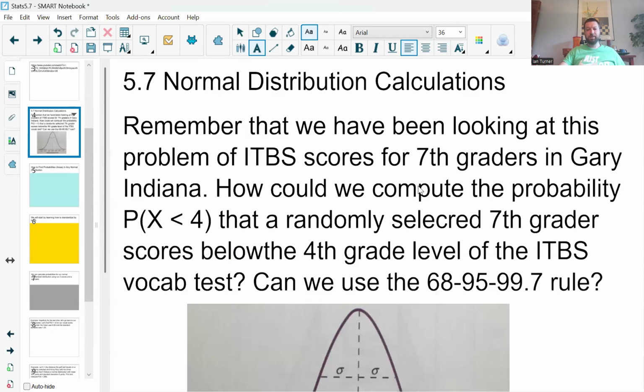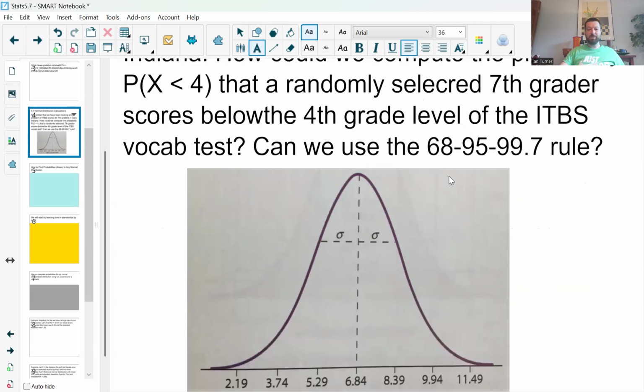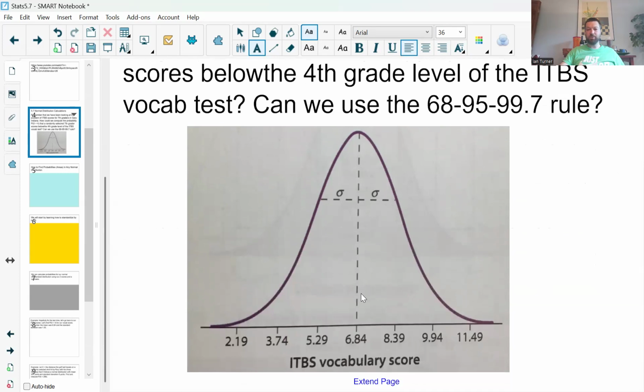All right. So we have been talking about this problem for a long, long time. We got these ITBS scores, Gary, Indiana. But let's look at the graph. Look at all these terrible numbers. Your mean is 6.84. One standard deviation away is 5.29.